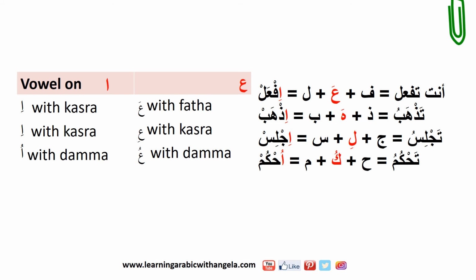So the corresponding vowel on the alif would be اذهب. Another example, تجلس. So the lam has a kasra, and the lam is the ayn of the verb in this case. So اجلس. So the corresponding vowel is the kasra on the alif. So اجلس. أنت تحكم. So the letter ka, which is the ayn of the verb, has a dhamma. So the corresponding vowel would be a dhamma on the alif. احكم.